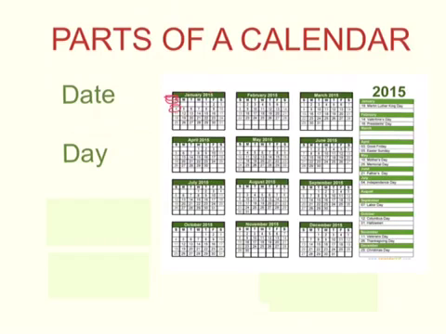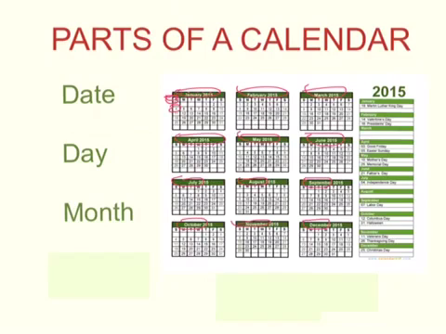The order of the days doesn't change, of course. Then we have the month. Now, because it's a yearly calendar, they write all of the months. So there's January in order, February, March, April, May, June, July, August, September, October, November, December.